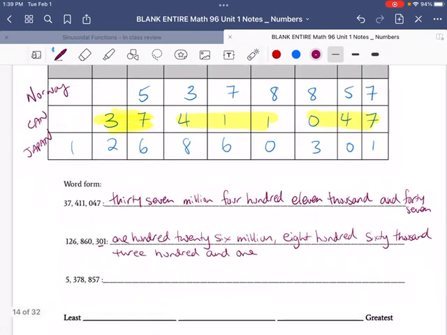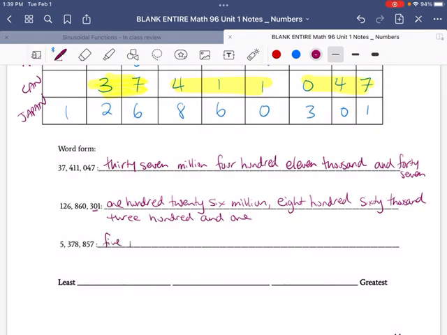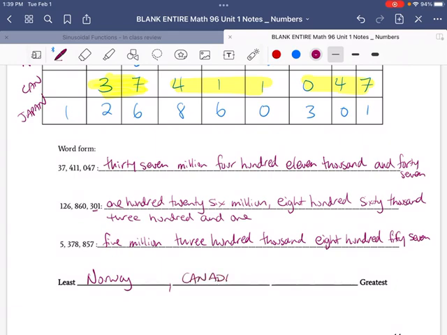And the last one is going to be 5,300,000, 857. So the least is Norway, then it goes Canada, and finally Japan. And the next page is the start of your assignment.